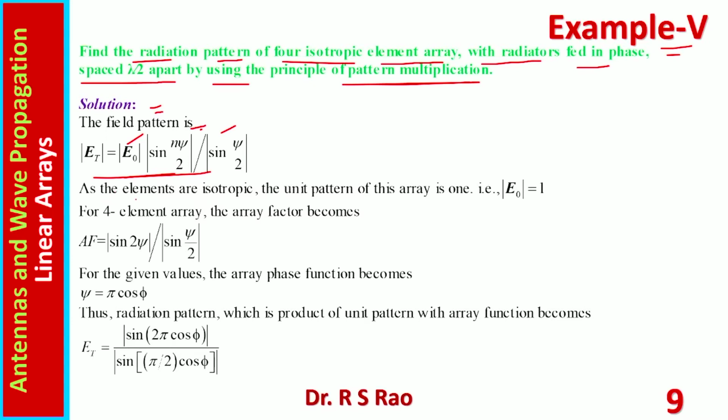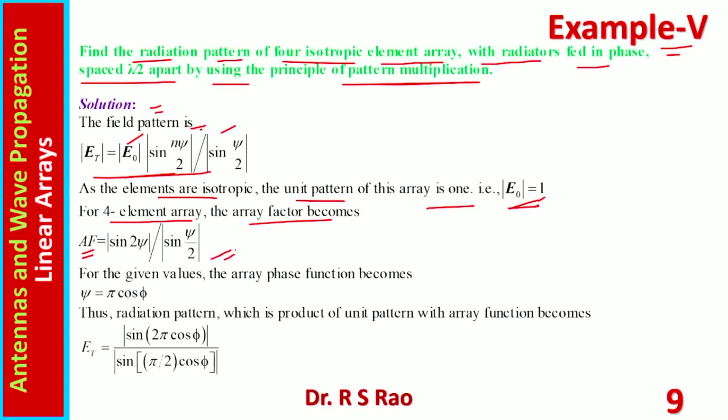Now, as the elements are isotropic, the unit pattern of this array is 1. For a 4 element array, the array factor becomes mod sin 2 psi by mod sin psi by 2. What we did here is we replaced n by 4 and E naught by 1.